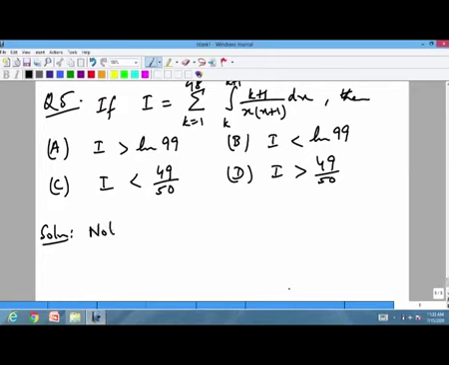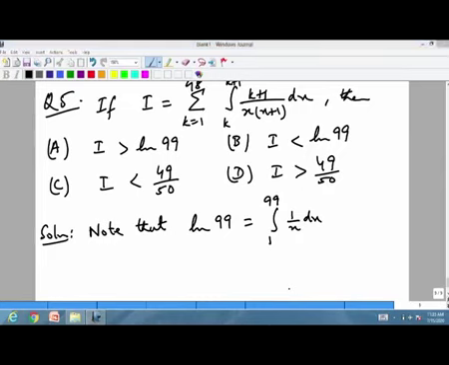Note that log of 99 is nothing but integral of 1 by x dx from 1 to 99, because the antiderivative of 1 by x is log x.